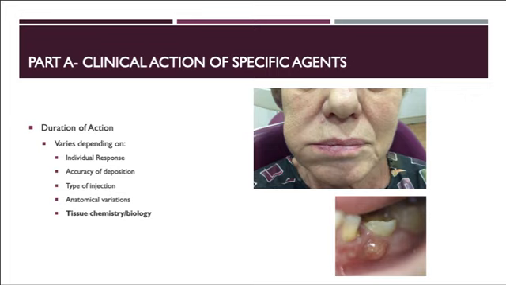So if you're injecting into hypervascular sites, the vasoconstrictors present in the local anesthetic can shut down some of the blood vessels in that site, but not all of them. And so some of your local anesthetic is unfortunately going to escape into the circulatory system, and that's really going to negatively affect that duration of action.